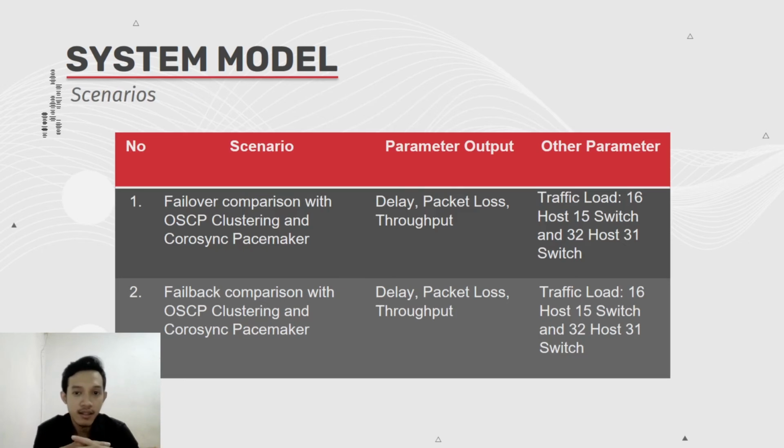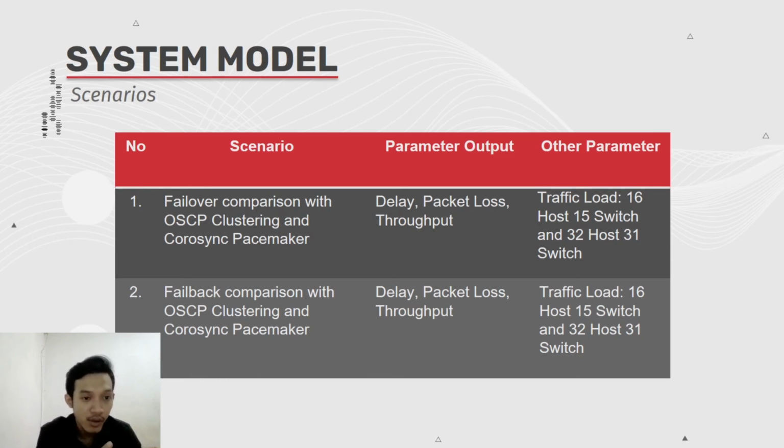This system model is compared with the results of previous research. There are two scenarios in the system model. One, failover comparison with OSGP clustering and crossing pacemaker, with the output parameters delay, packet loss, and throughput, and the other parameter traffic load with 16 hosts, 15 switches, and 32 hosts, 31 switches.